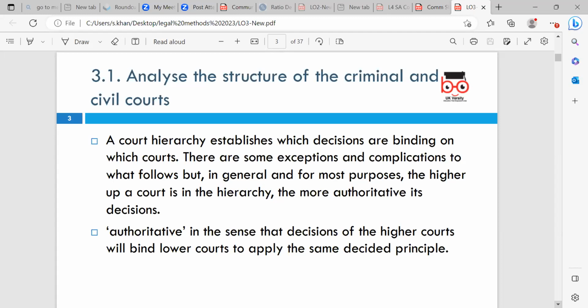Yes, but I cannot tell the reason. No, but why do you think we should have this kind of hierarchy? Because all cases can't be heard in one court, can they? No. So the most severe cases would be heard in the county court and the High Court and Supreme Court.